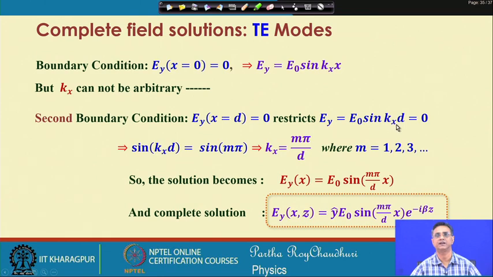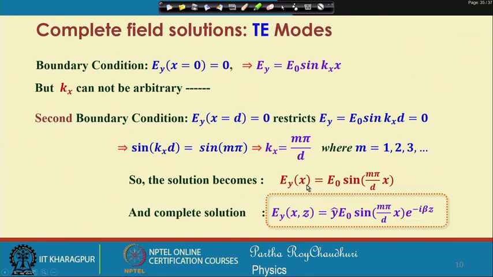So, E 0 sin k x d equal to 0, that gives you sin k x d equal to sin m pi, and this gives you the discrete values of k x, the transverse component of the propagation vector, because m can assume 1, 2, 3, all integral values. So, the solution becomes E y equal to E 0 sin m pi by d x.